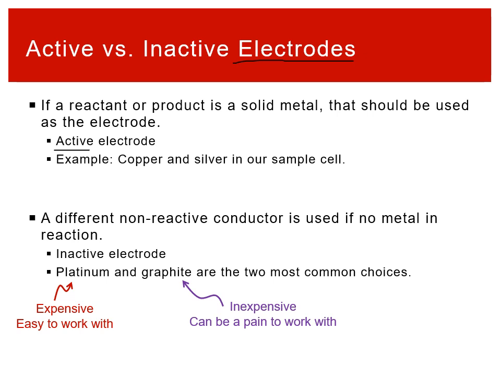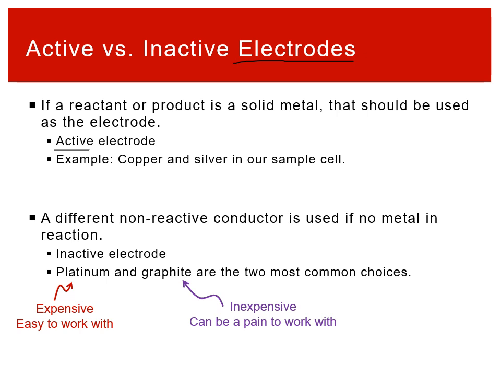So if there is a solid metal participating in the half reaction, you just use that. For example, in some of the cells that we looked at previously, say copper and zinc, you just used copper and zinc metal, and that was the active electrode. And we saw that they were participating in the reaction because their masses were changing. Reactant or product, whatever it was, their masses were changing.